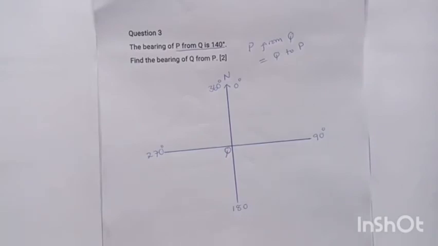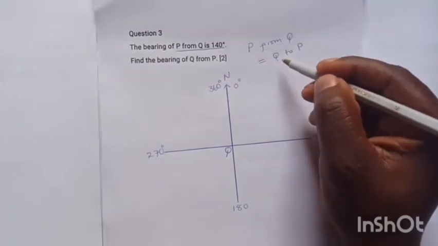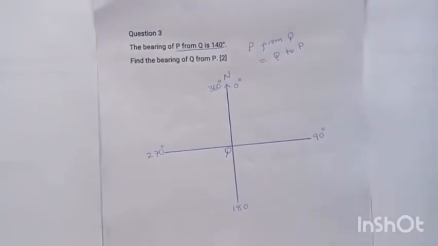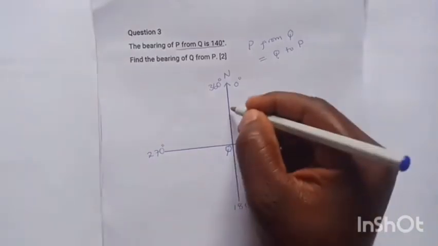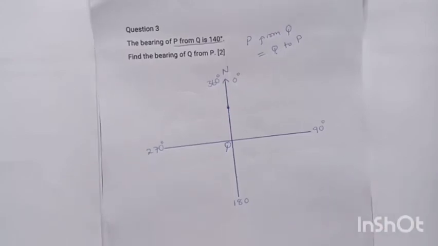So we want to measure the required angle from Q moving in a clockwise direction to P. So we have to touch the north pole of Q, but before you draw the arrow, you need to identify the location of 140 degrees. 140 degrees is an angle which is above 90 degrees but less than 180 degrees. Therefore, 140 degrees is located in the second quadrant.